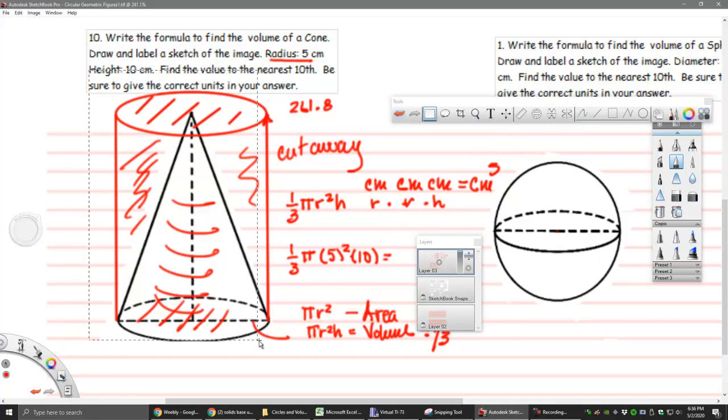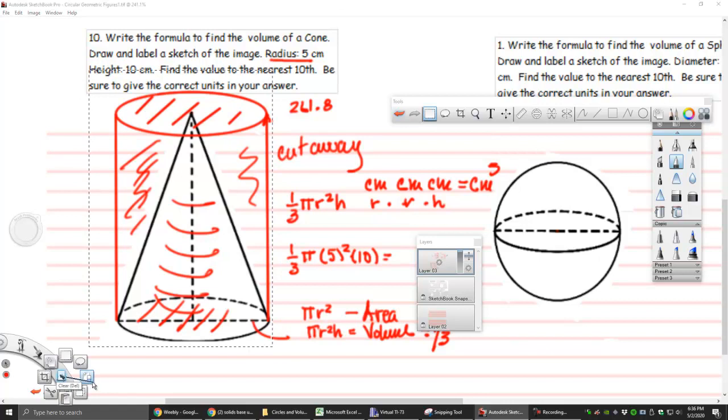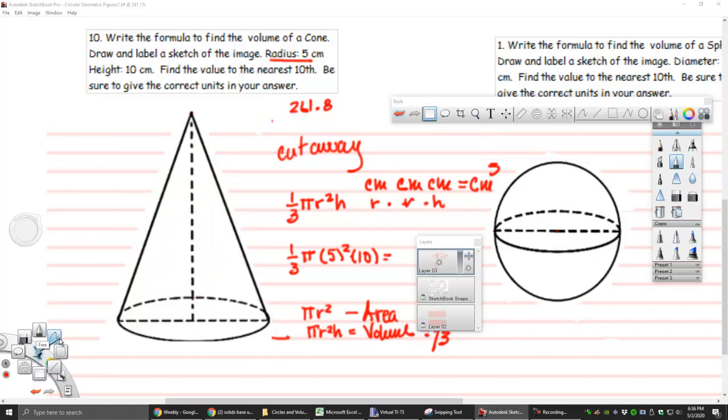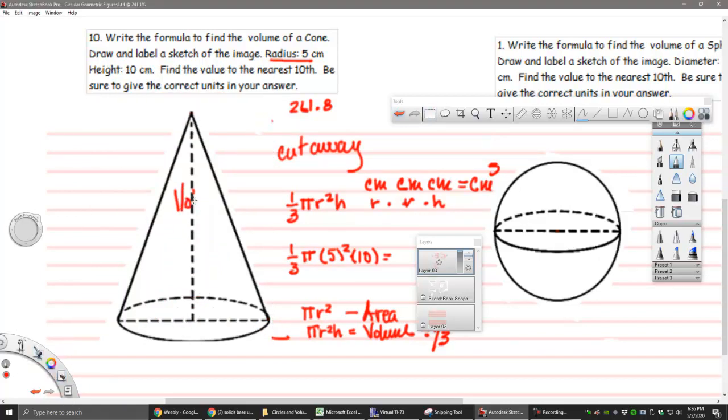So our final answer for the volume of this cone will be 261.8 centimeters cubed.